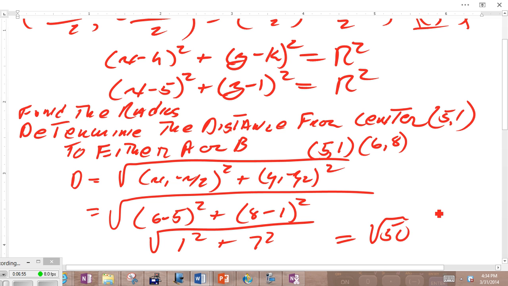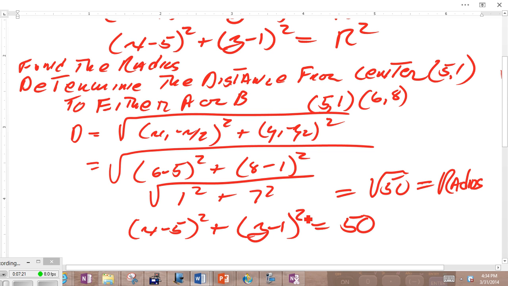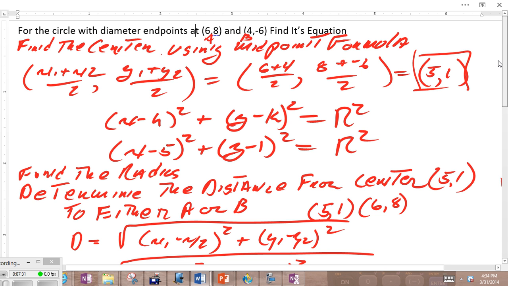If that is my radius, the square root of 50, then I can put that right up there, and that squared will give me my final equation: x minus 5, quantity squared, plus y minus 1, the quantity squared, is equal to the square root of 50 squared, which is just 50. There's my equation of the circle.